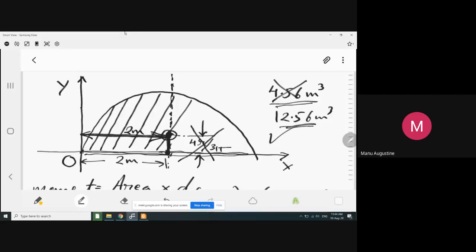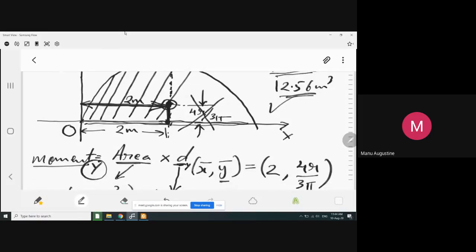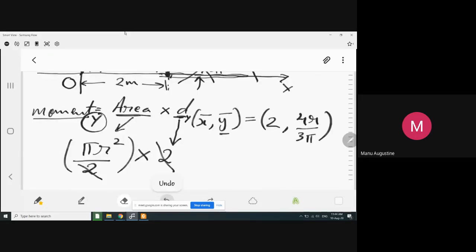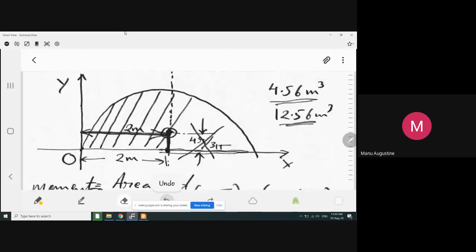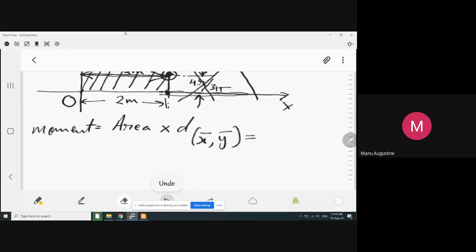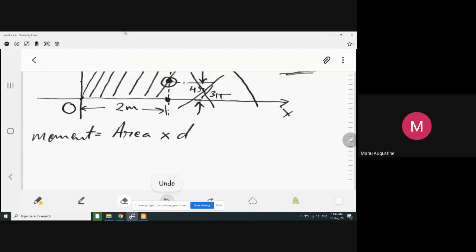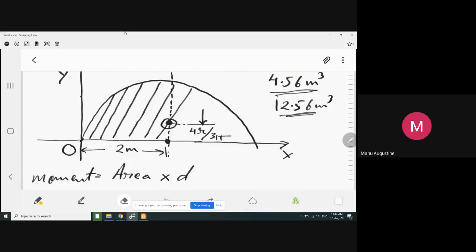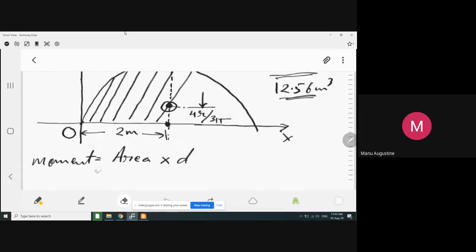Now, I will repeat the question with a slight difference. What is the moment of this area about the x-axis?